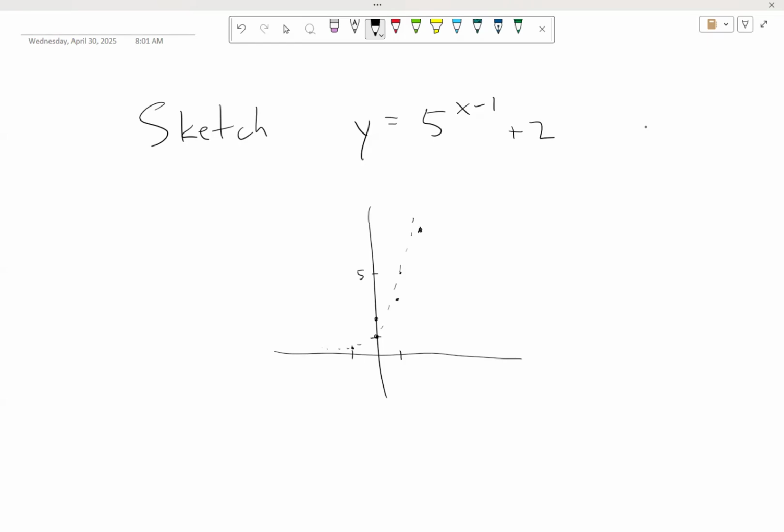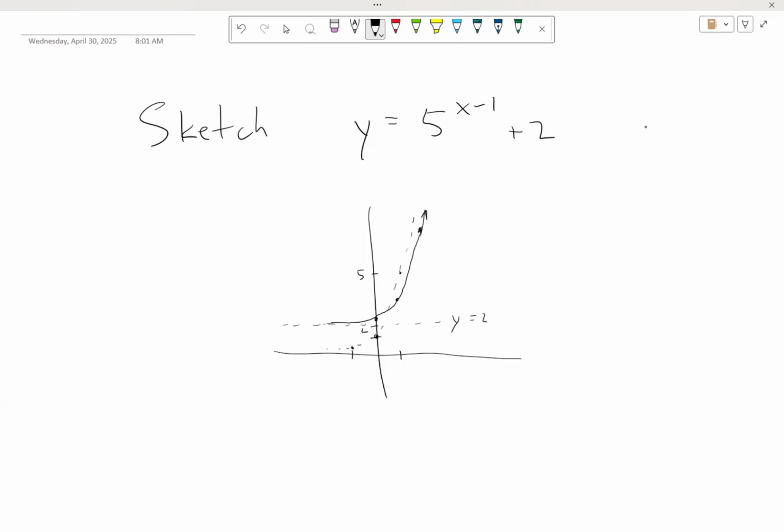Anytime you're graphing it, aside from the 3 points, I do want the horizontal asymptote. That horizontal asymptote, which was at y equals 0, is now y equals 2. My scale's a little bit off here, but this is y equals 2. So this is what I'm looking for.